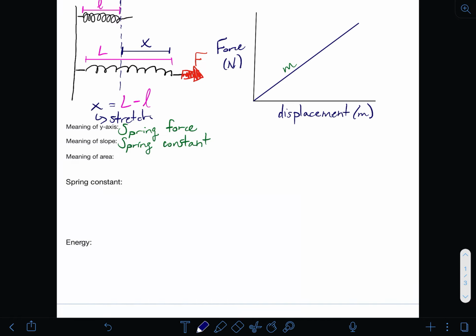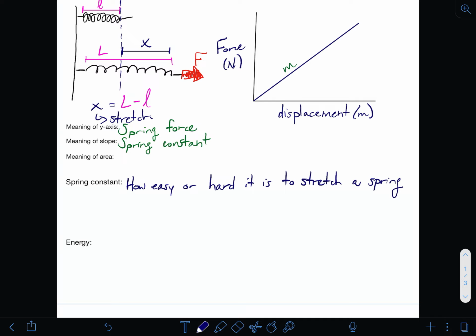Well, spring constant is really a measurement of how easy or hard it is to stretch a spring. And considering we used the same spring for all of our data collection, how easy or hard it was to stretch that spring should have stayed constant throughout the lab.